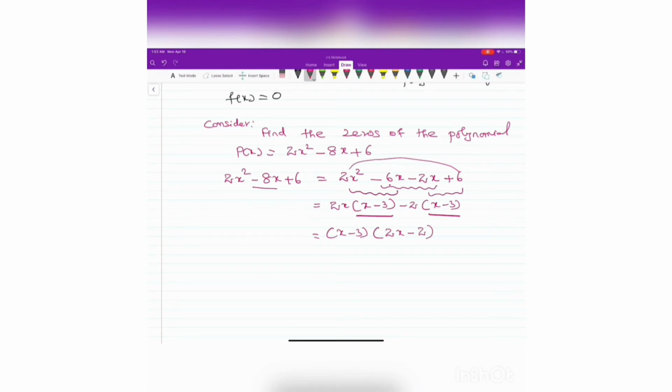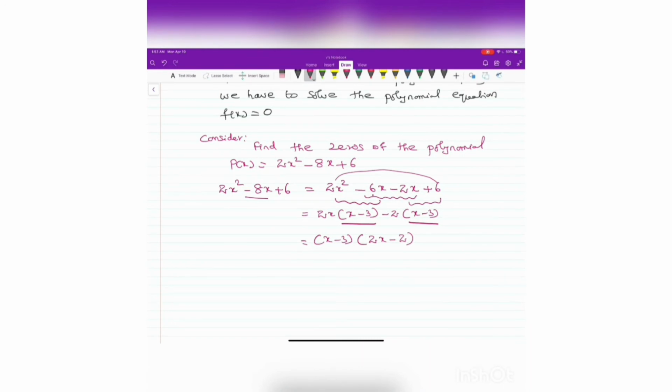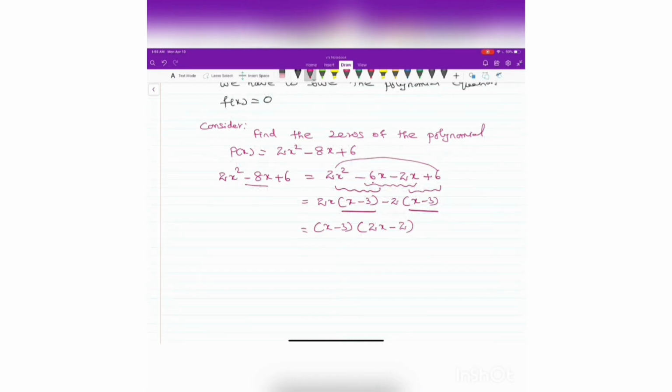Now, 2x square minus 8x plus 6 should be equal to 0. That means you have to equate x minus 3 into 2x minus 2 to 0. So, that means f of x should be equal to 0.